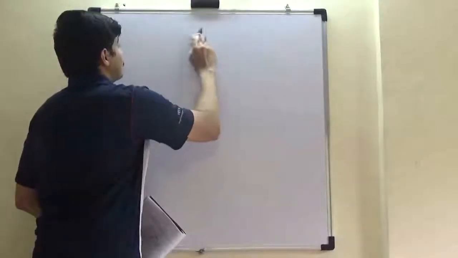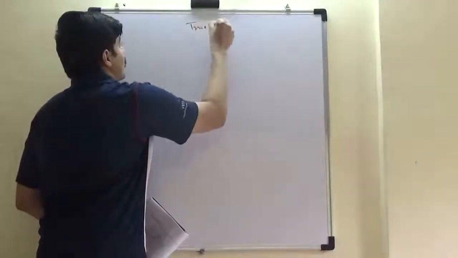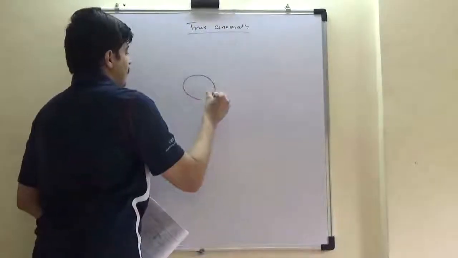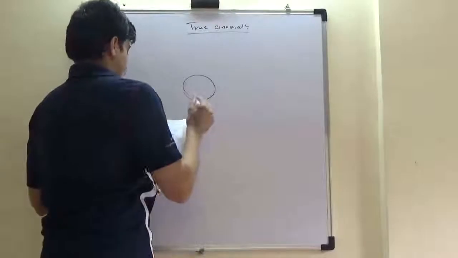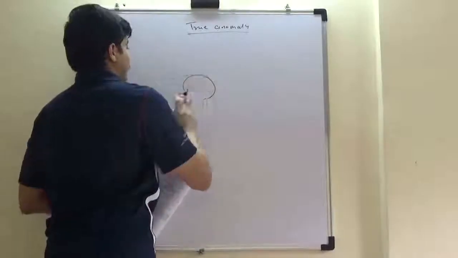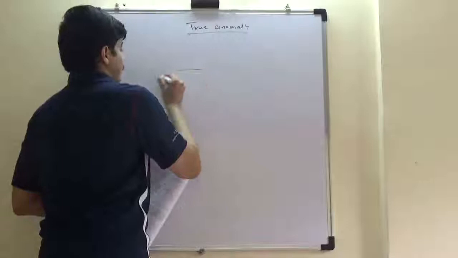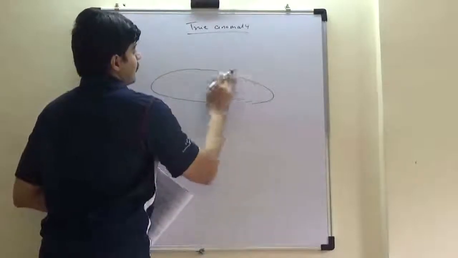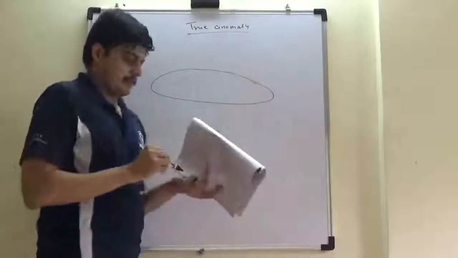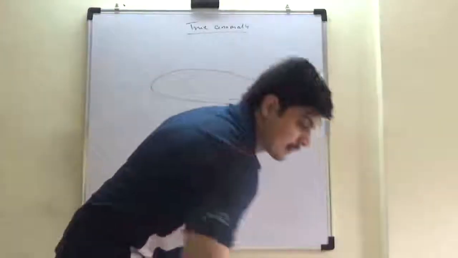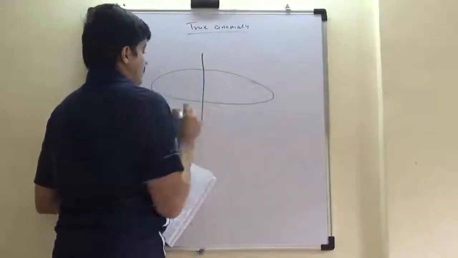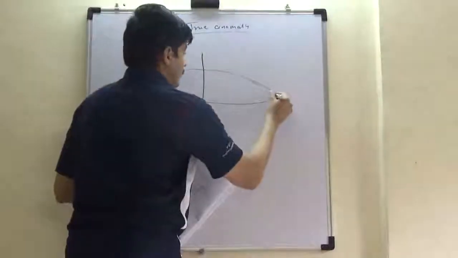So you do something called as true anomaly. What is this? You have first an elliptical orbit, right? Let me take a different marker. In this elliptical orbit, you have this axis, right?